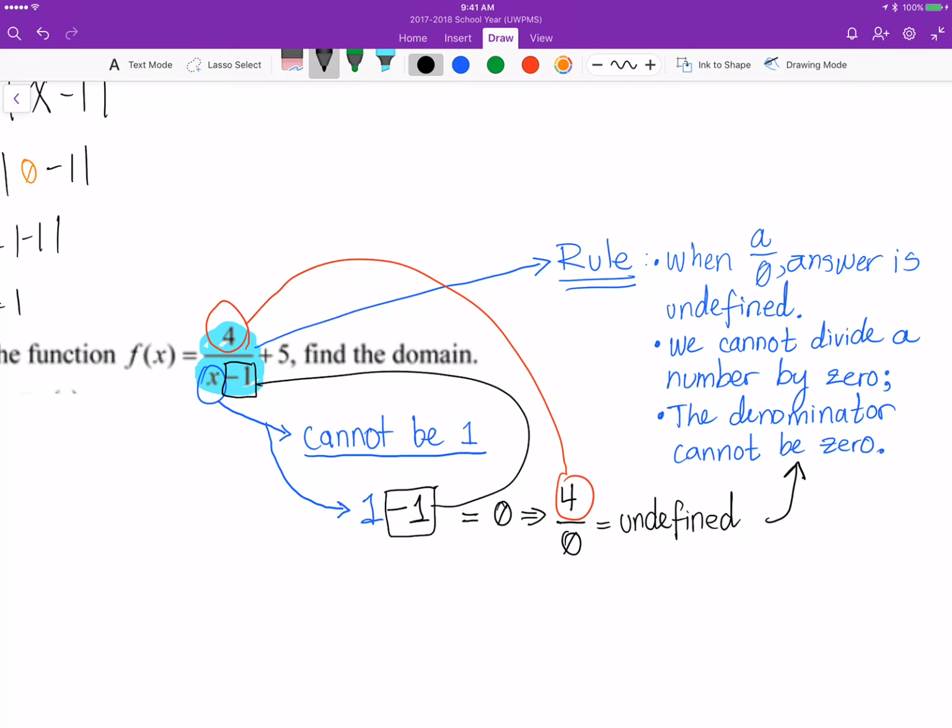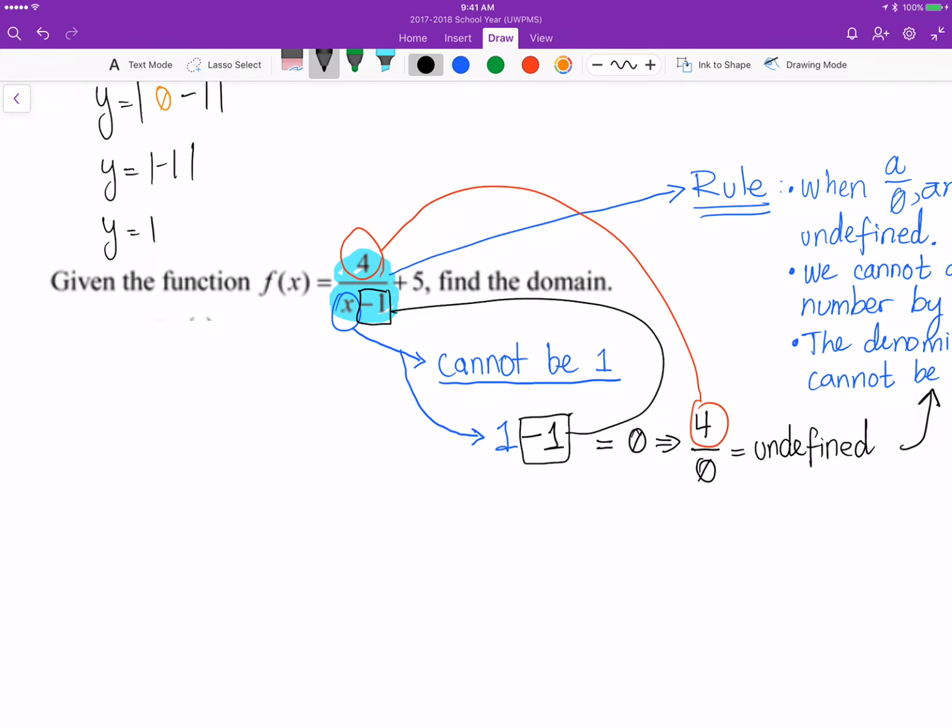So the question is only asking me for domain. I'm going to show you the domain and range.